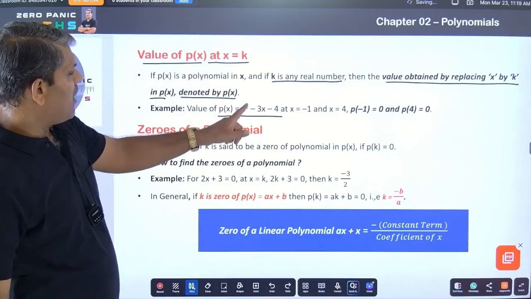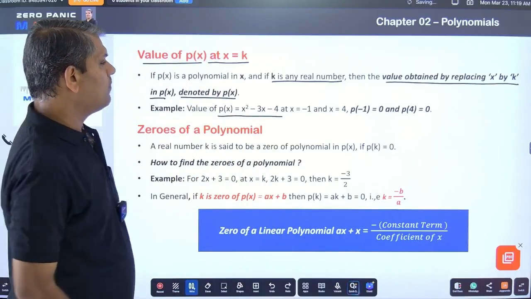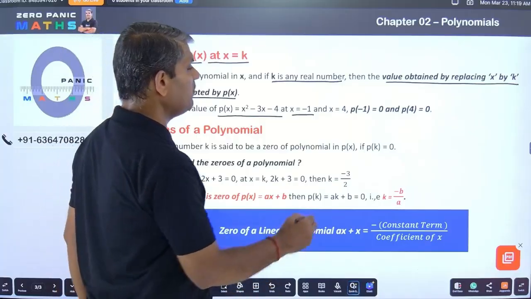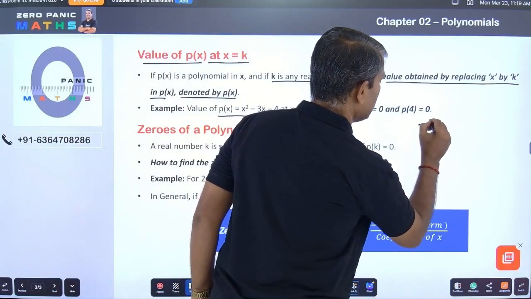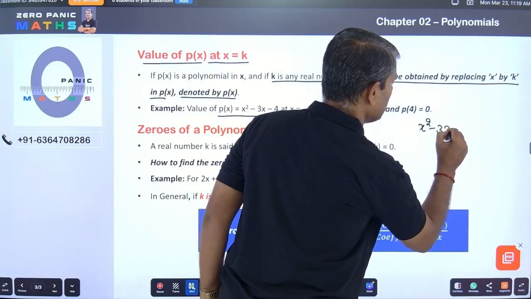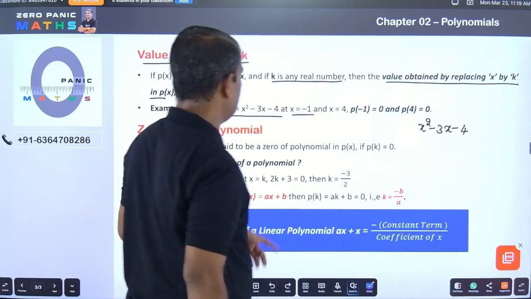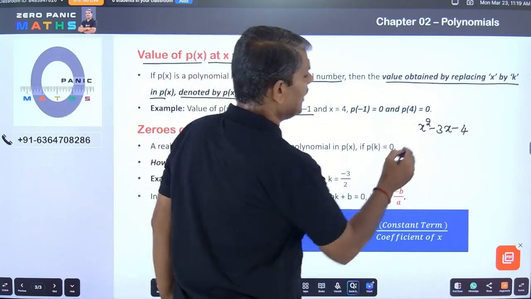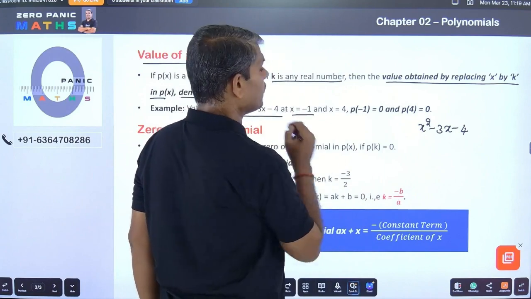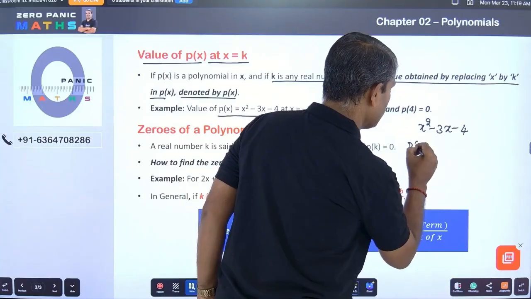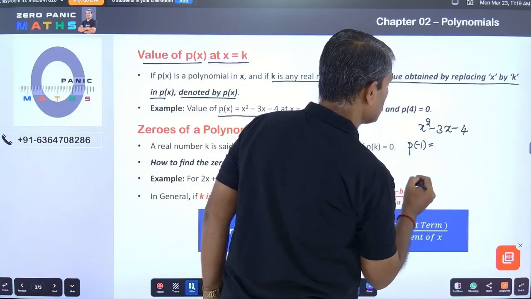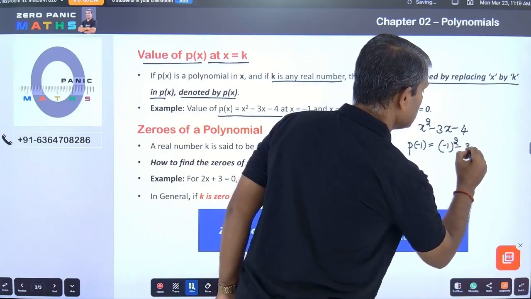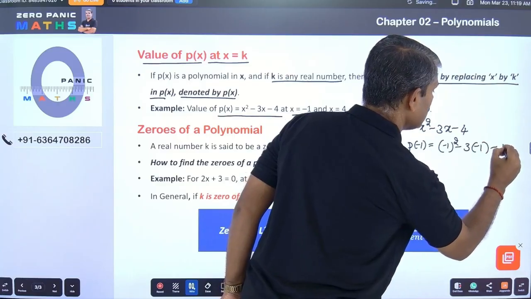x square minus 3x minus 4. Suppose I put x is equal to minus 1 in this equation, what will it be? If I put minus 1 in place of x, that will be p of minus 1. p of minus 1 is equal to minus 1 square minus 3 into minus 1 minus 4.